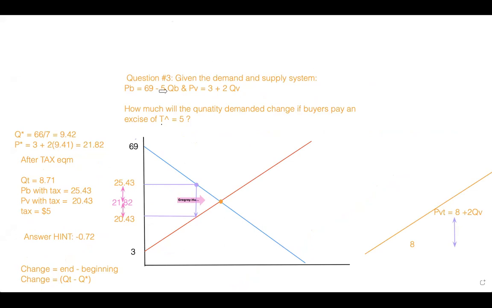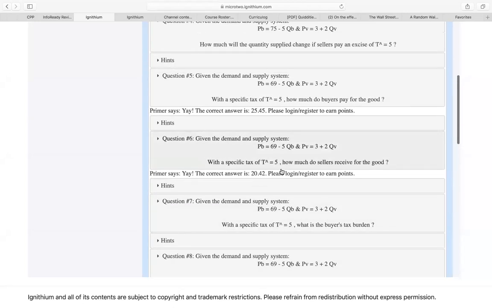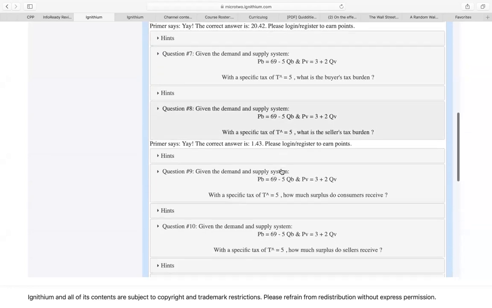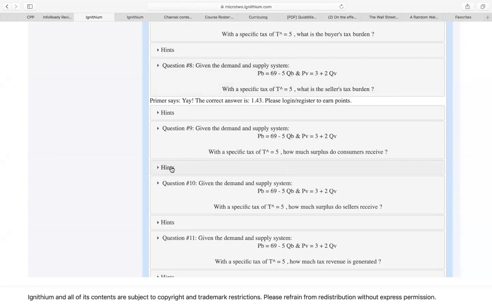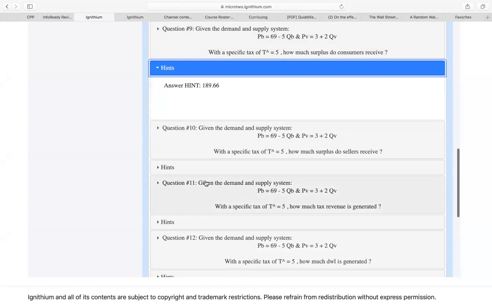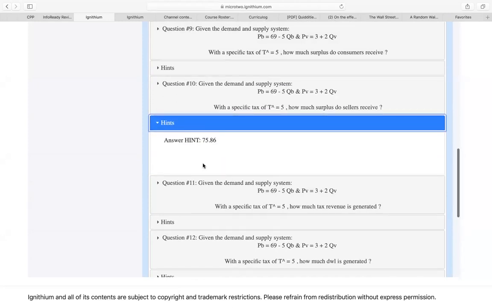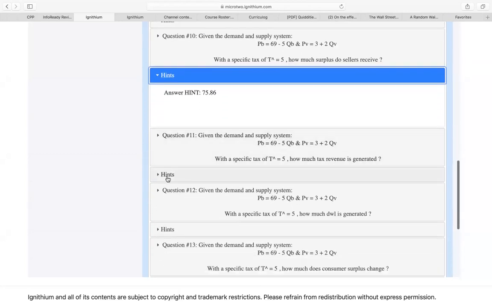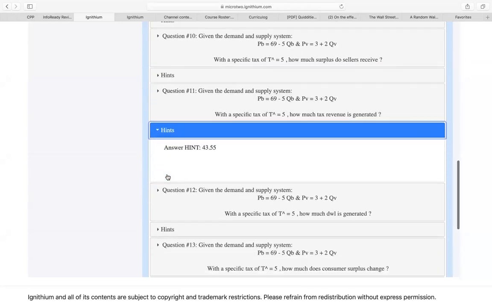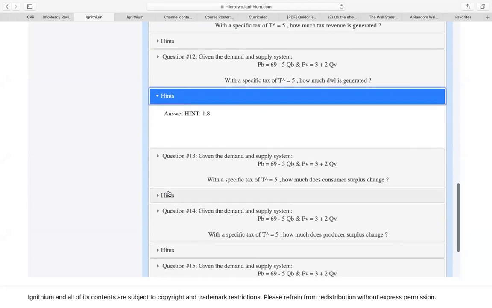Since you all have this illustration, I'm going to go back to Ignithium, and I'm going to open these hints so you all can check your work. So that's the consumer surplus, the producer surplus, the tax revenue, the deadweight loss.